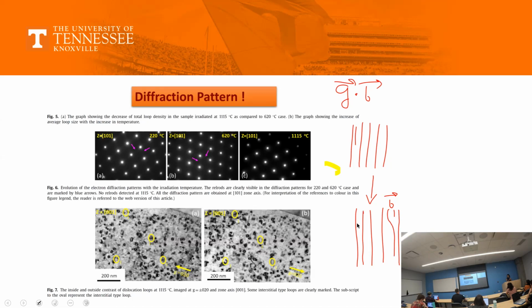Now for the people who will do imperfect loop analysis, they would talk about something called stacking fault. Remember that you have a crystal which is A, B, C, and then somehow the B layer is slightly displaced from its position, and you're looking at a top view.